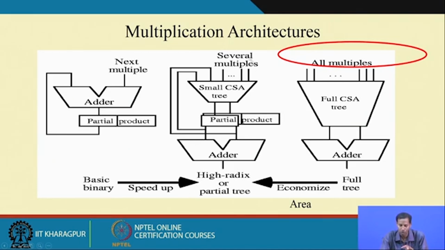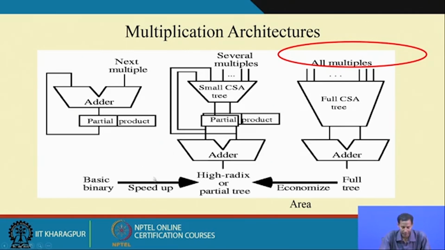So the tree multipliers are categorized into three different architectures: one where I consider all the multiples, one where I consider only single multiples, and one where I consider partial multiples.